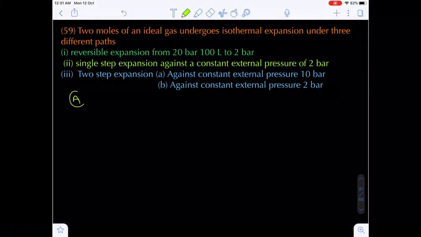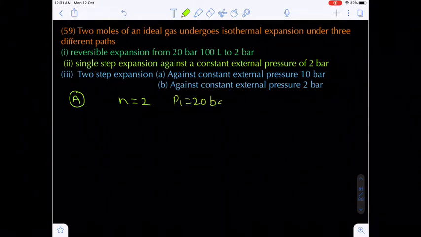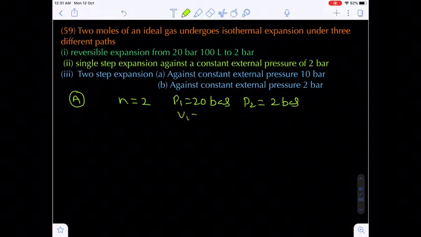First of all, how many moles of ideal gas? 2 moles of ideal gas. What is the initial pressure given here? 20 bar, and final pressure is given, P2, 2 bar. What is the initial volume given here? 100 liter.